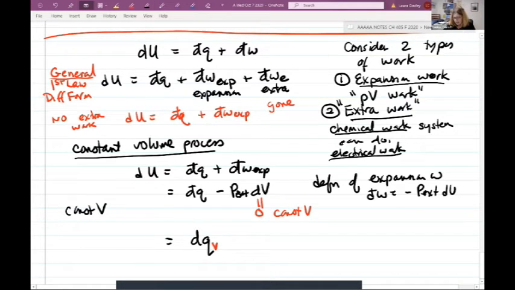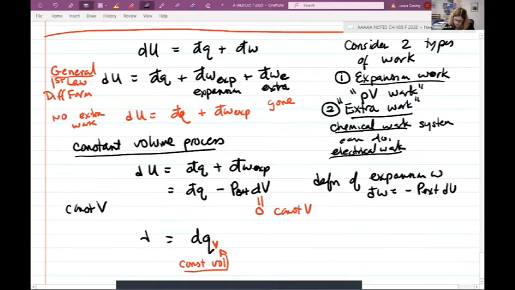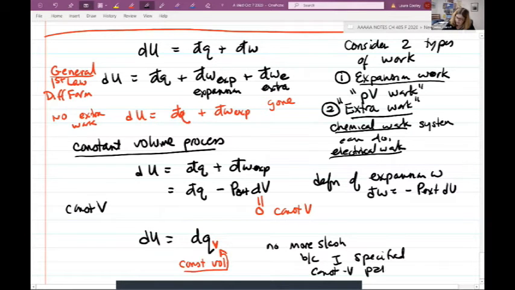And what that means is that it's a constant volume process. And guess what? I can get rid of the slash, because specifying constant volume is specifying a path. So I now have dU equals dqV, and there's no more slash because I specified a constant volume path.